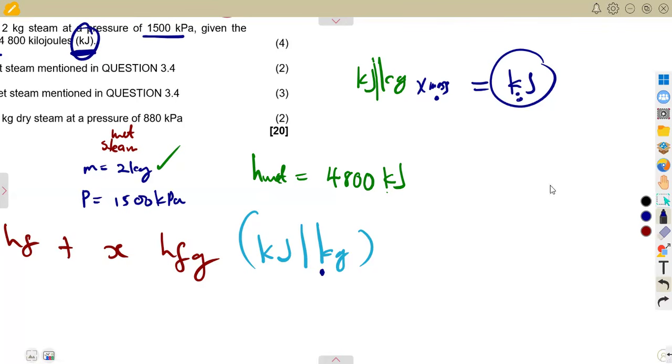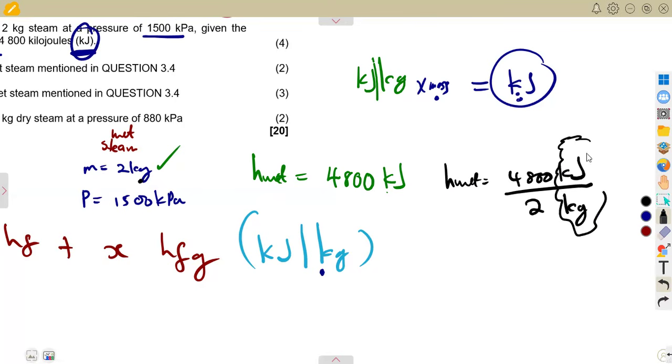So it means the H weight, which is 4,800 kilojoules, once divided by the mass, which is 2 kilograms, gives us kilojoules per kilogram.